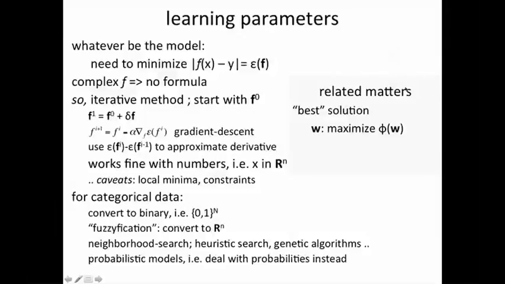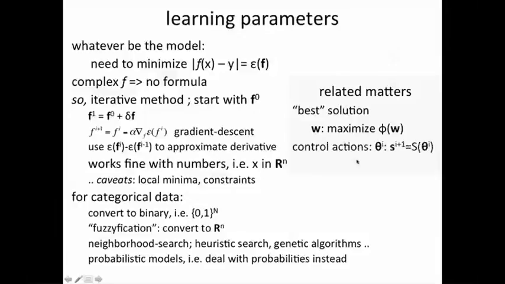So there you're trying to maximize some function, and that's related closely to the problem of minimizing the prediction error. Similar techniques, gradient descent, Newton's method, and various others apply. All the similar problems in terms of categorical data, local minima, and constraints all apply as well.